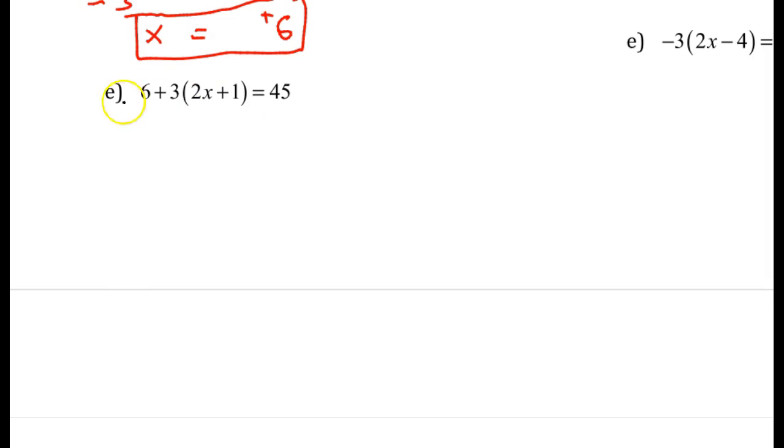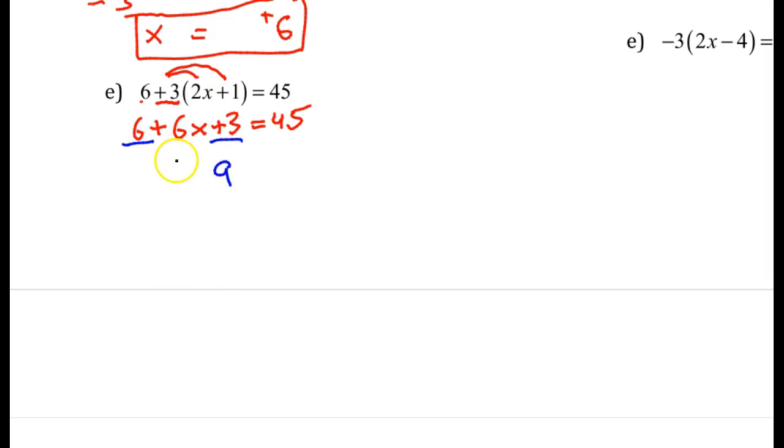Okay, and the last one here, e. The number in front of the parentheses is 3, so I'm going to distribute that. So I get 6x plus 3 is 45. Don't forget to bring down that 6 in the front. These are on the same side, so just combine them. 6 plus 3 is 9.